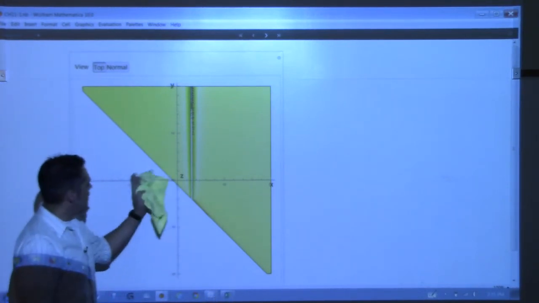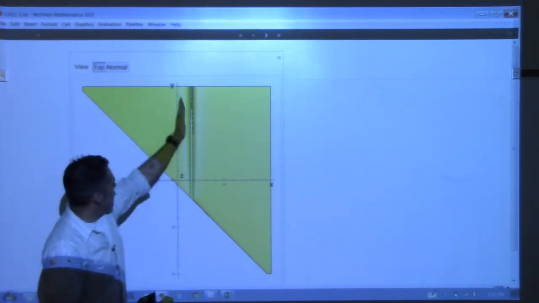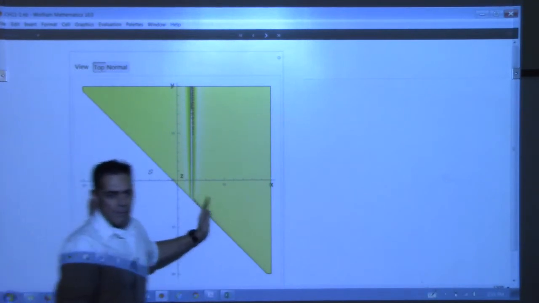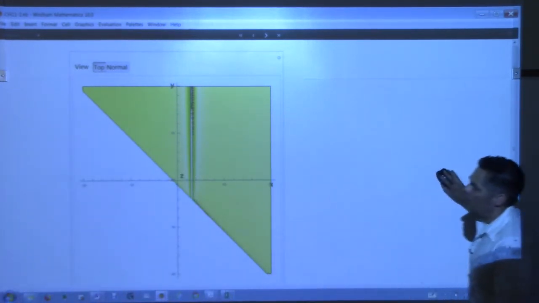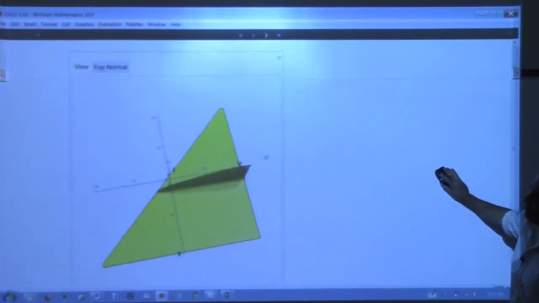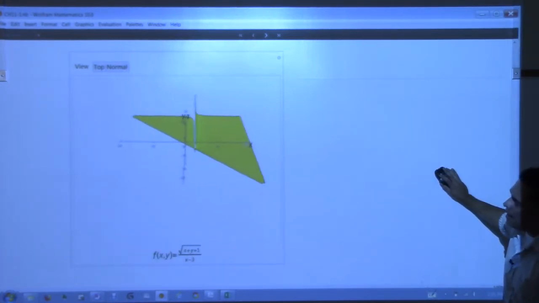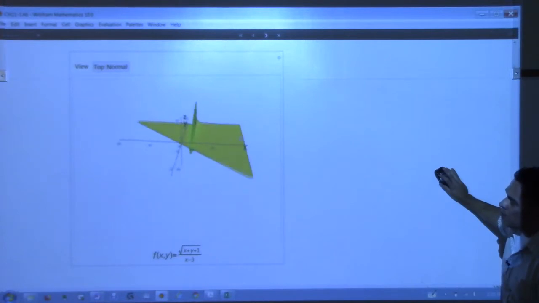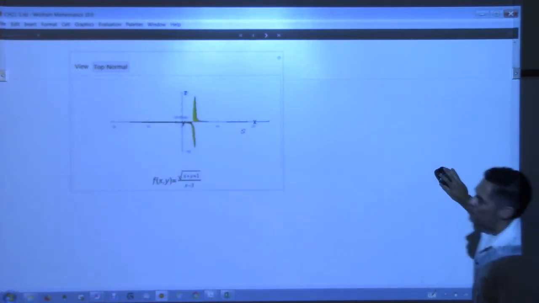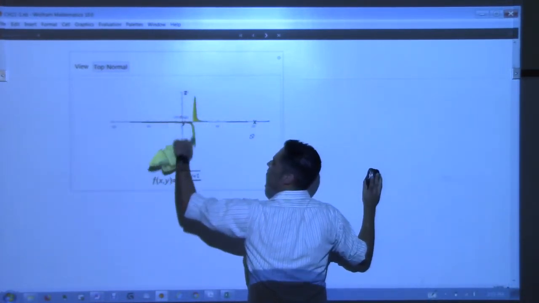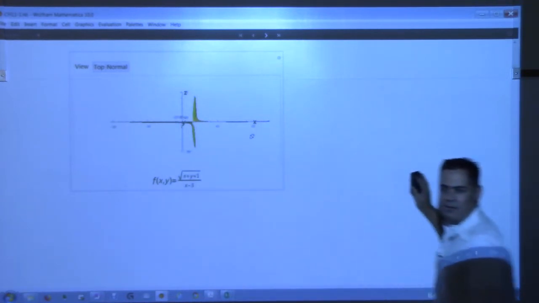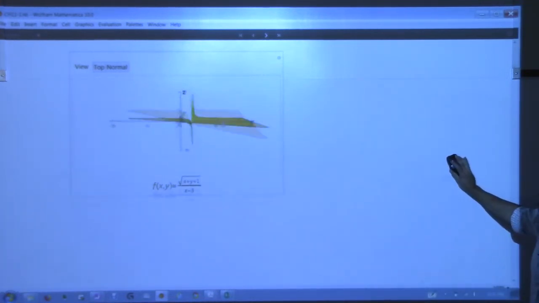We said everything above that line, and everything except 3. But when we pop it out and look at it from this perspective, we can see something happening there. We have a vertical asymptote, almost like a rational function behaves. Kind of cool, right?